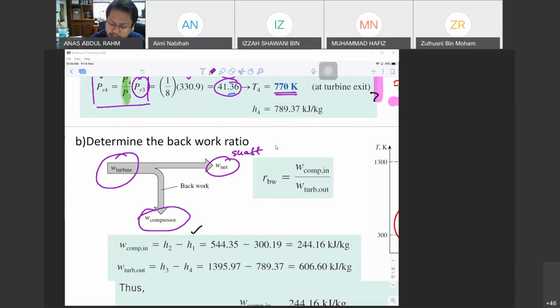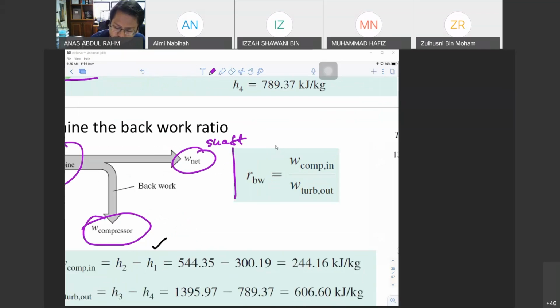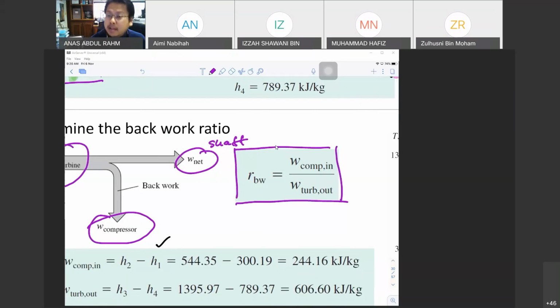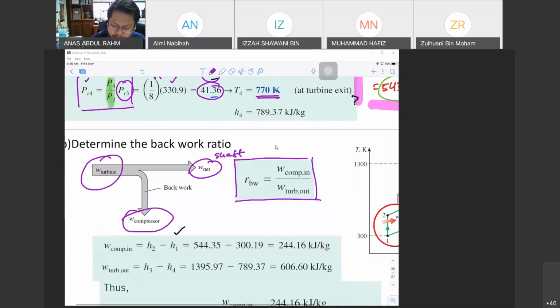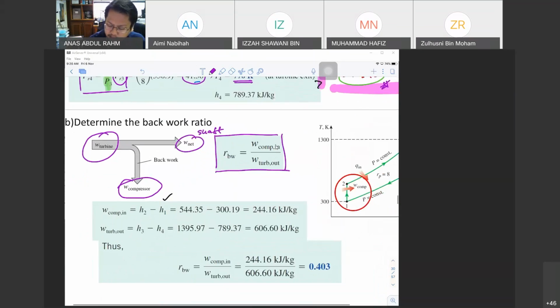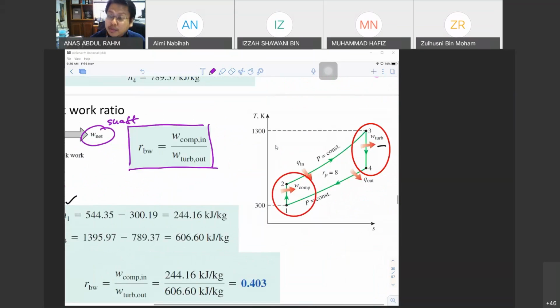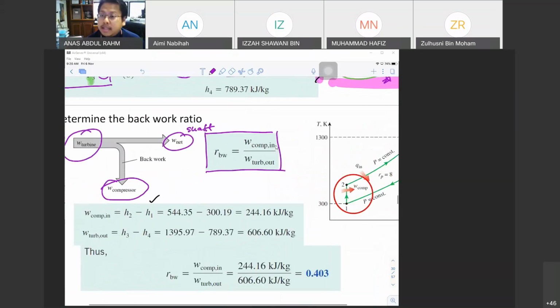Okay, so by definition, back work ratio is the percentage of power in, compressor in, divided by turbine out. So W compressor in, divided by turbine out. So if we look from our diagram, compressor is 1 and 2. So we know it is H2 minus H1. Okay, we calculated H1 and H2 before.